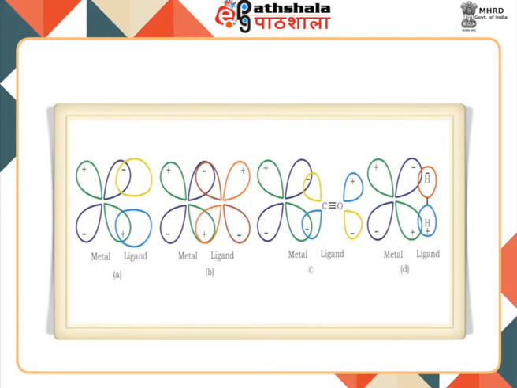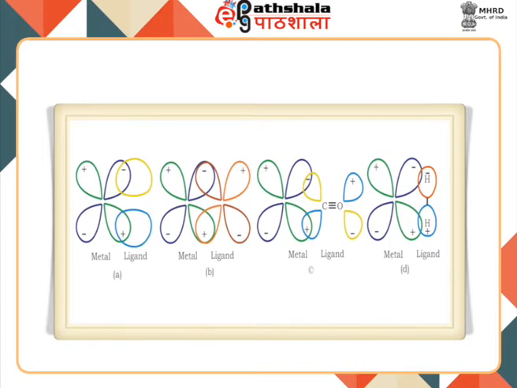They can be named as d-pi, p-pi type of interactions or d-pi, d-pi type of interactions. We can have d-pi, pi antibonding type of interactions and d-pi, sigma bonding type of interactions. In principle, either the ligand or the metal can act as an electron donor.